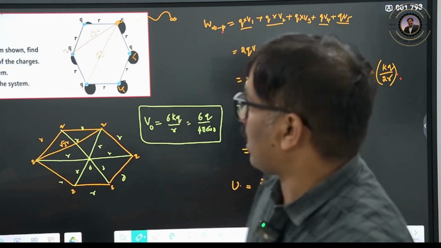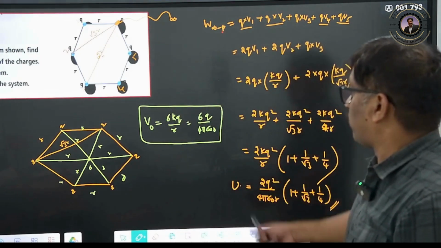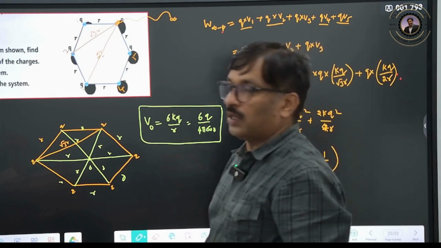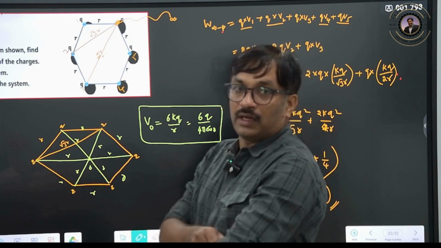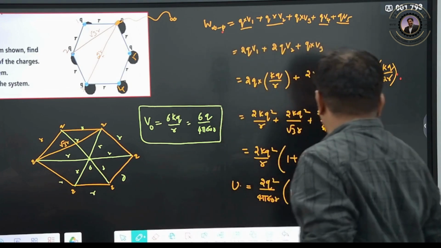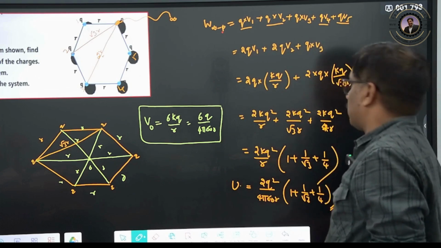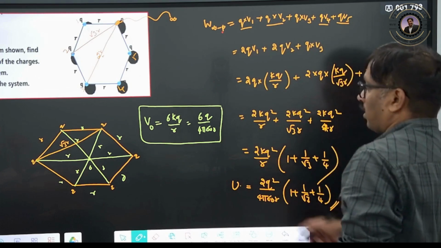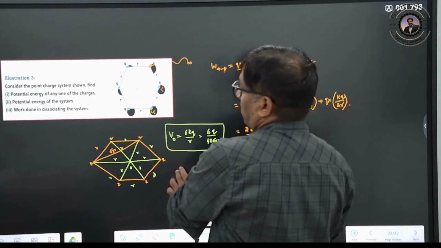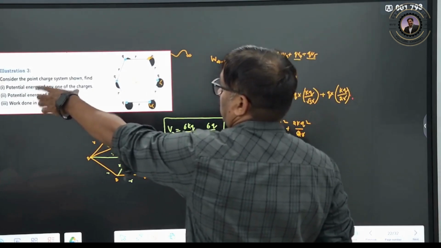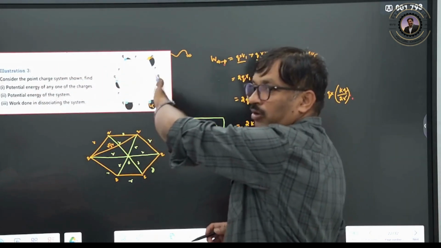Now you can rearrange it for the potential energy associated with the system, and you can try this question so that you can do it very easily. Clear? I am not doing this right now because you can try it. Think about how many combinations will come.